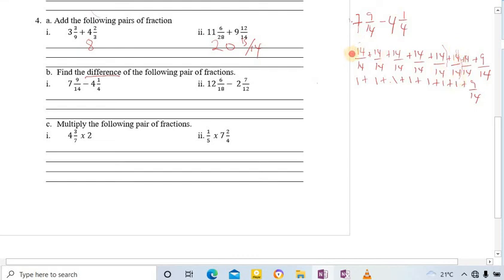We could circle 6 of them and have 6 whole number, 14 over 14 plus 9 over 14.